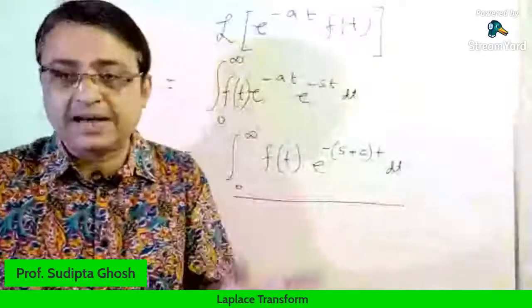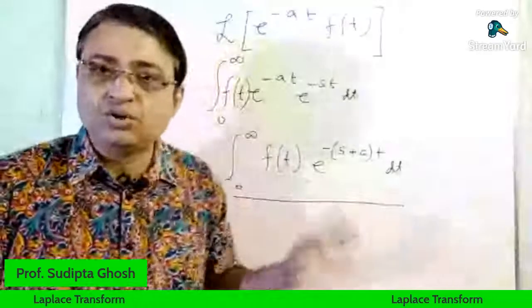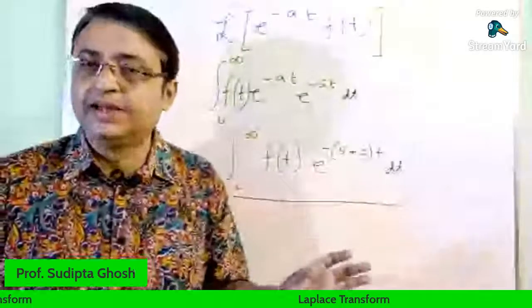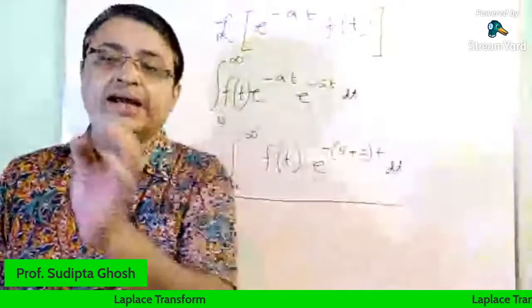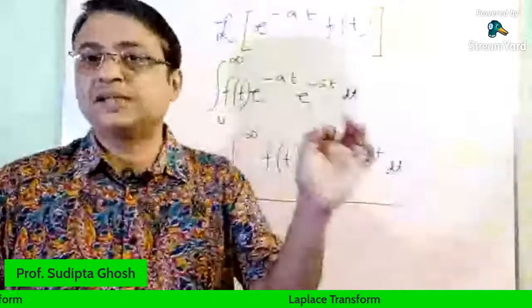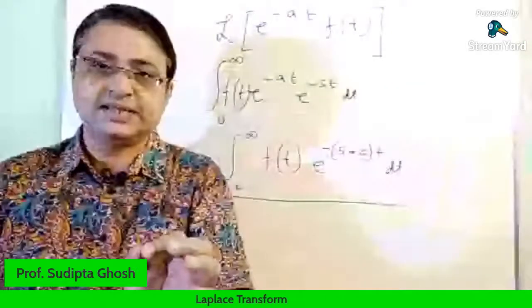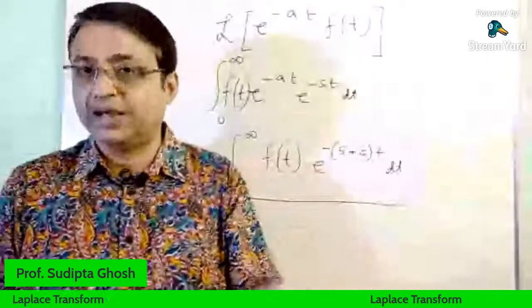Here I have written integral 0 to infinity f of t e to the power minus s plus a t dt. It is similar to e to the power minus st dt, and there we write it as capital F of s.